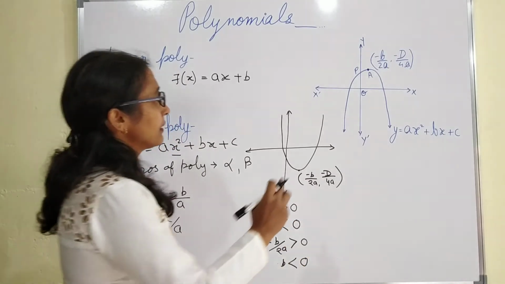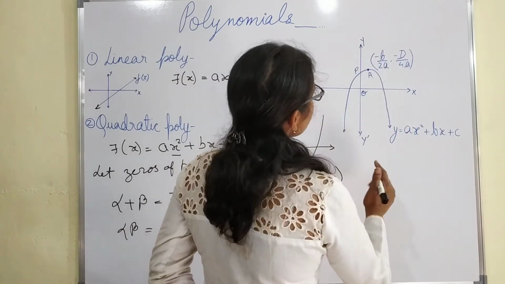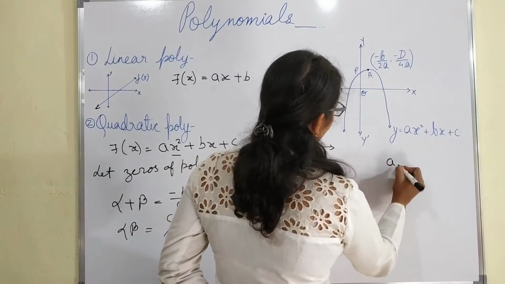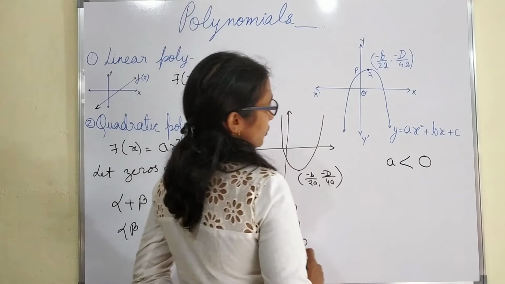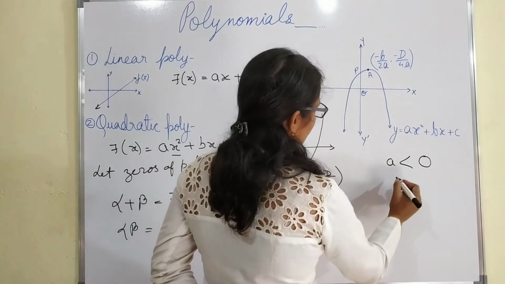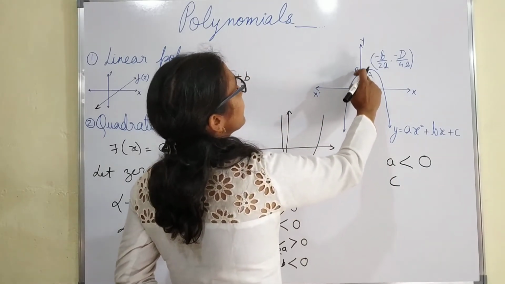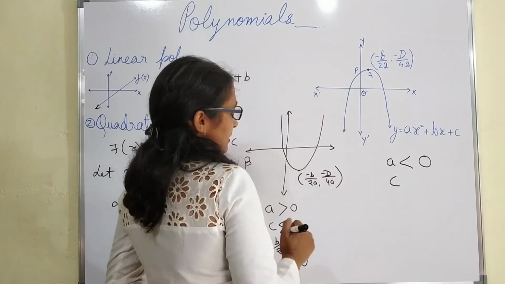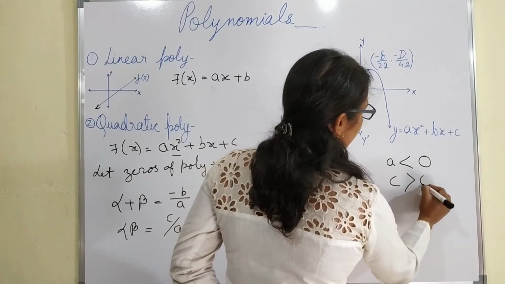Now, come to this parabola graph. In this, value of a is smaller than 0, because it is opening downwards. Value of c, it is intersecting y-axis in positive direction, so value of c is greater than 0.